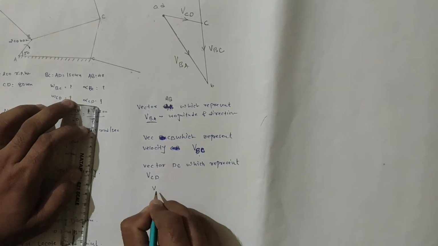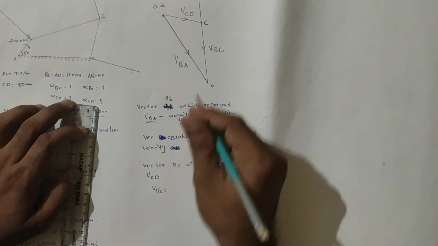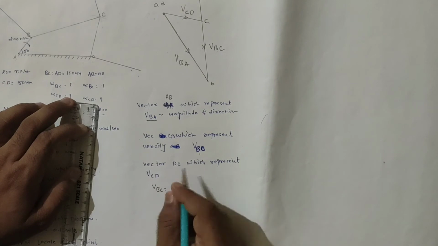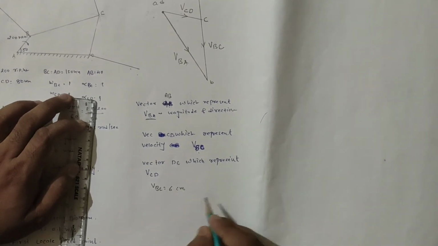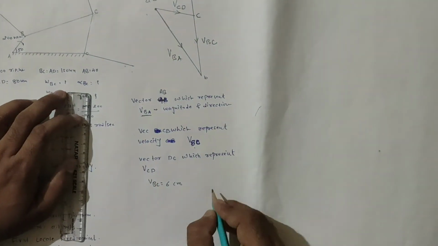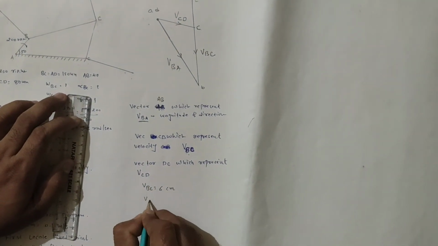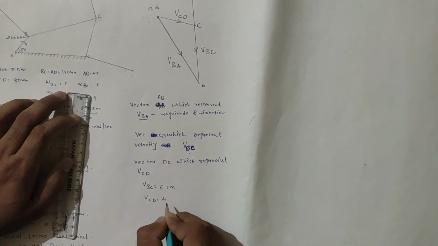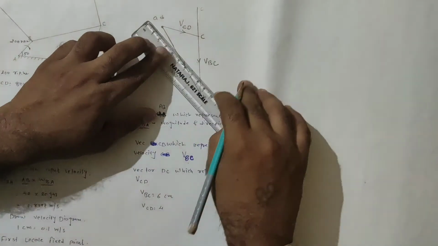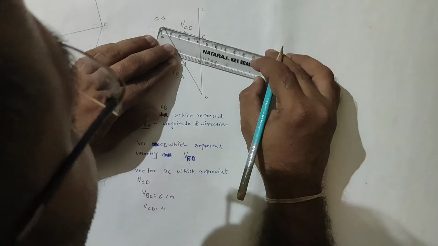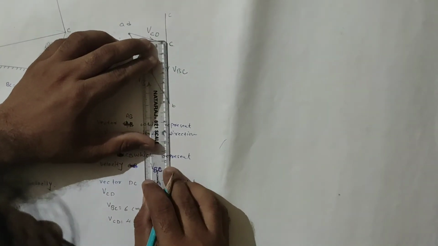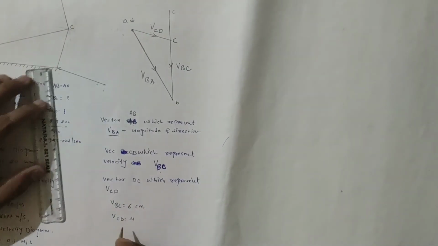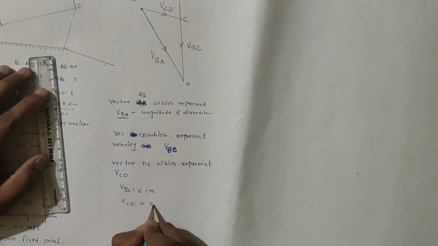So VBC is equal to 6 centimeter, and CD that we measure by using a scale is equal to 4 centimeter, or it may be somewhat 4.1, or exactly 3.9, or here exactly 6. So 4 is what we have to consider.